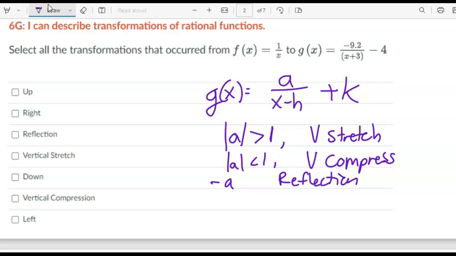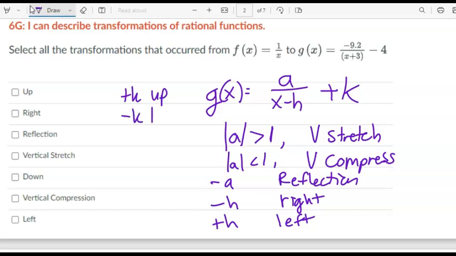If a is positive, there's no reflection. If we have minus h, it goes to the right. If we have a plus h, it goes to the left. If we have a plus k, it goes up. A minus k, it goes down.